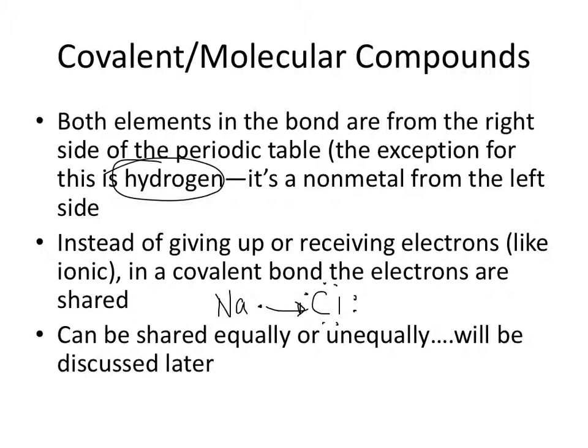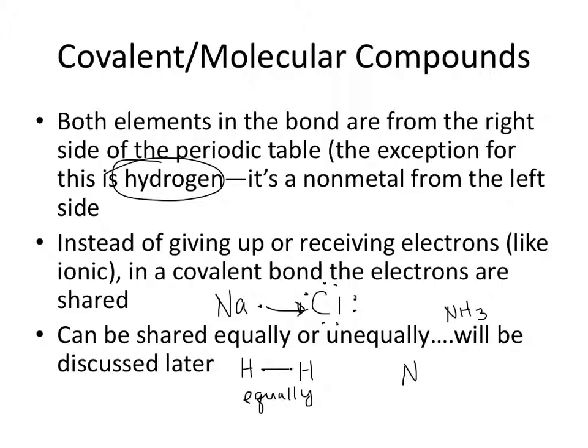If they're shared equally, we're talking about maybe the same type of element. So hydrogen has 1 valence, so neither one would have a stronger pull than the other, so they would share equally. Now, you could also look at a bond in, say, ammonia. Ammonia is NH3.